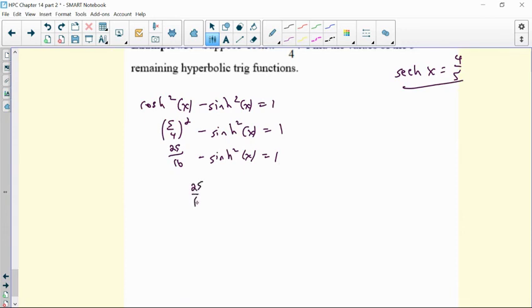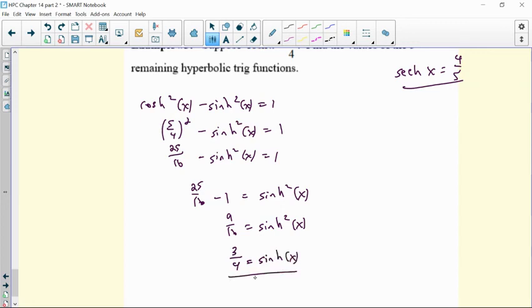So 25/16 minus 1 is equal to sinh squared. 25/16 minus 1 is 9/16, so I'm going to square root that. Technically I get a plus or minus, but since these are all positive values for our ratios, with our starting ratio with e to the x, it'll be the positive root. So we get 3/4 is equal to sinh.